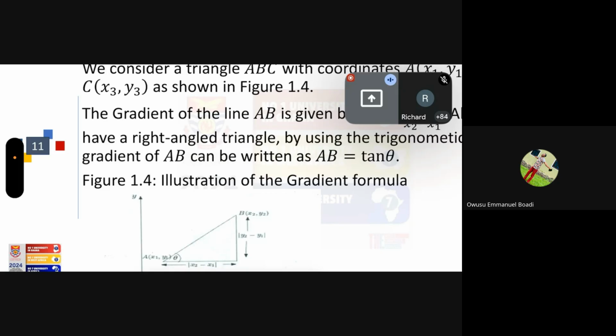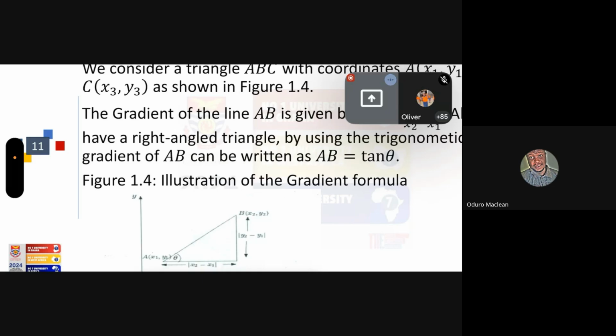Yes, that is the trig. Okay. So here, where the angle is, we can see the opposite and then the adjacent. Can you see it? Yes.